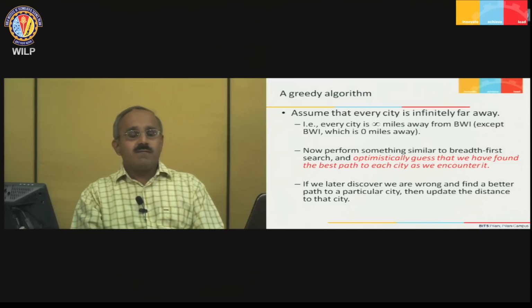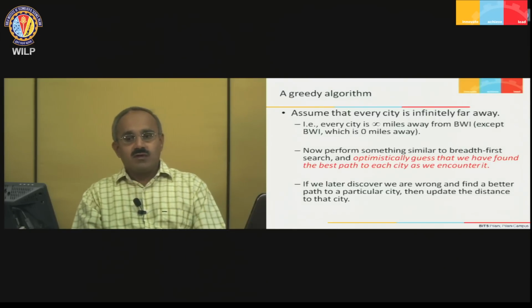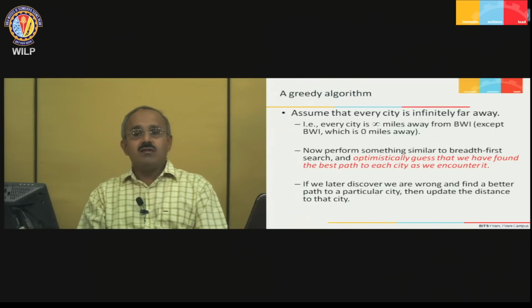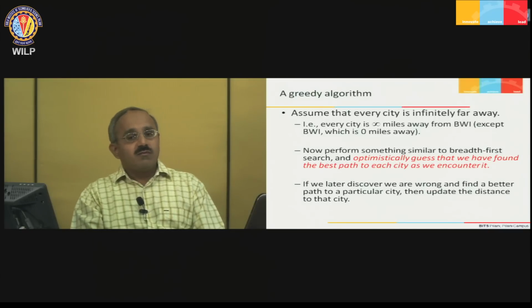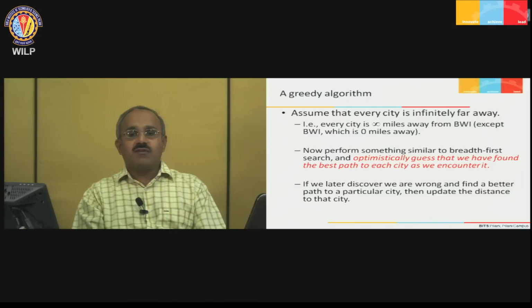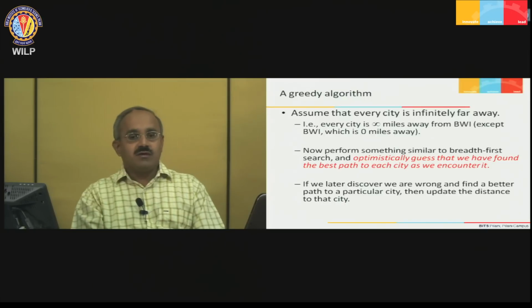So, initially when we start, we will assume that every city that you want to visit is infinitely far away. That is, you have no estimate to begin with of the source city. That is, every city we will assume is at a large distance. Now, we perform something similar to breadth first search, optimistically guessing that we have found the best path to each city as we encounter it.